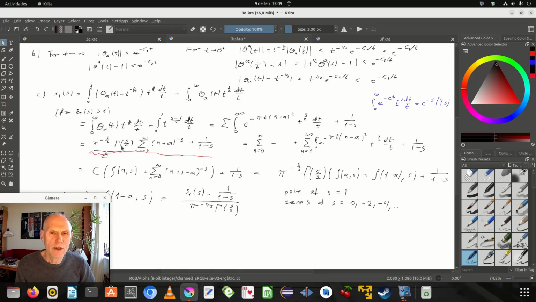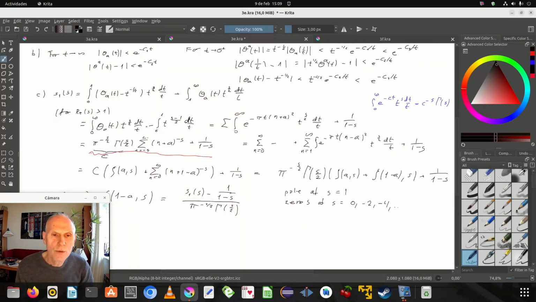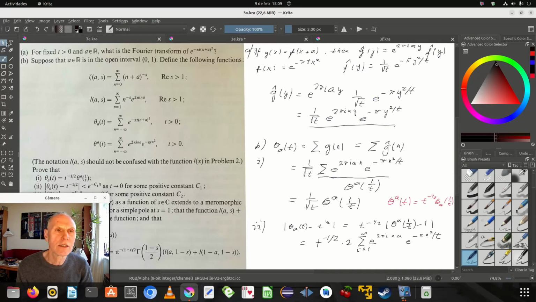And then we apply our integral here, we know the result, and then we get this. Now where are we going from n plus a to s?